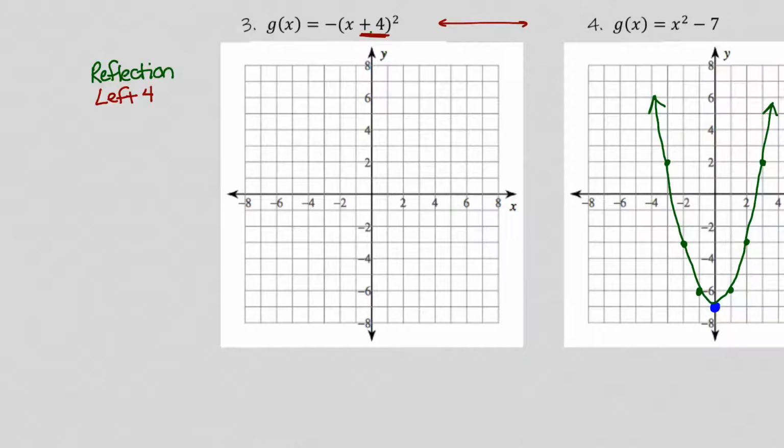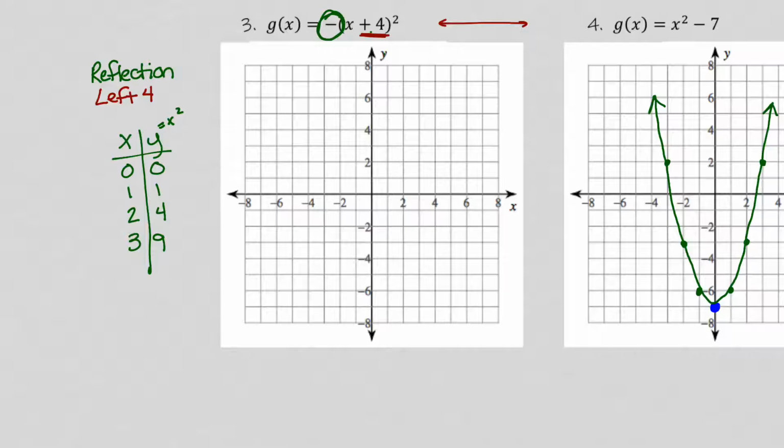All right, now, there were those points I told you to memorize. Remember, the parent function is y equals x squared. So if I plug in 0 for x, it's 0 squared is 0, 1 squared is 1, 2 squared is 4, 3 squared is 9. Whenever you have something in front of your parentheses or in front of x squared, in front of the whole thing, we're going to multiply the y values by that.